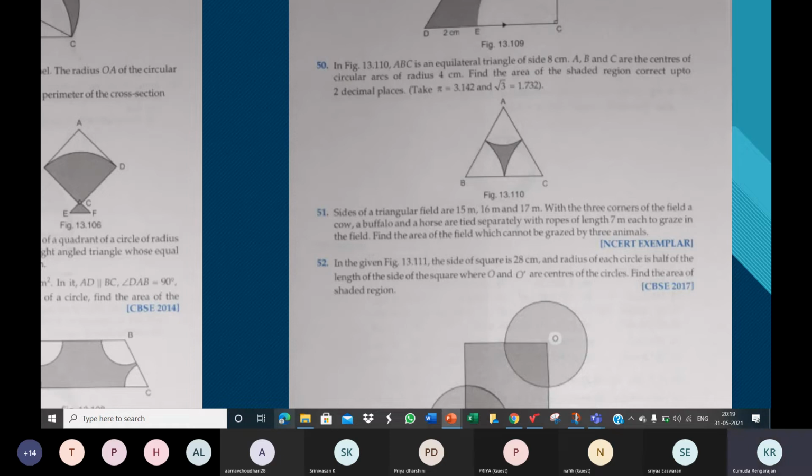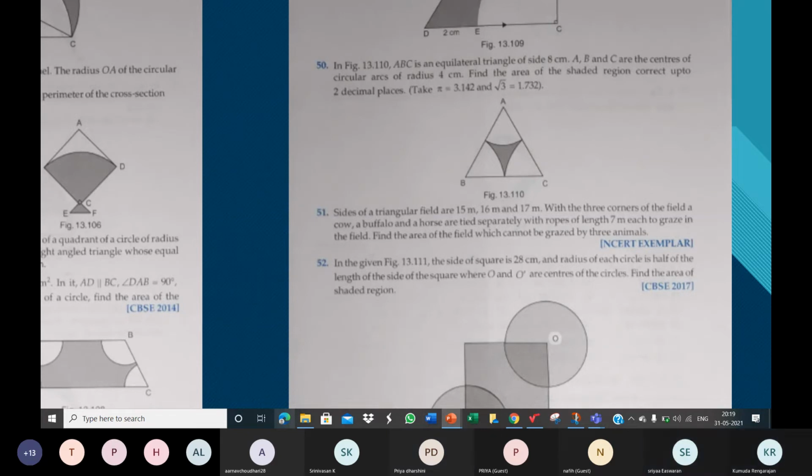I want the two answers, area of the field and area of the sectors. Ma'am, area of the field is 24 root 21. 24 root 21, ma'am.